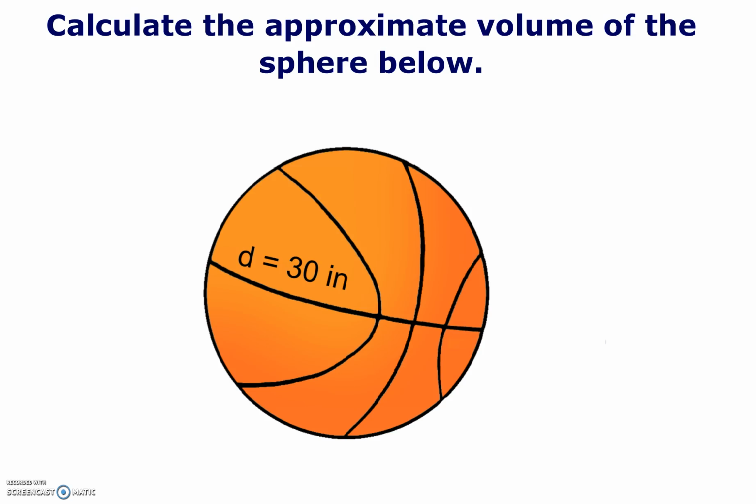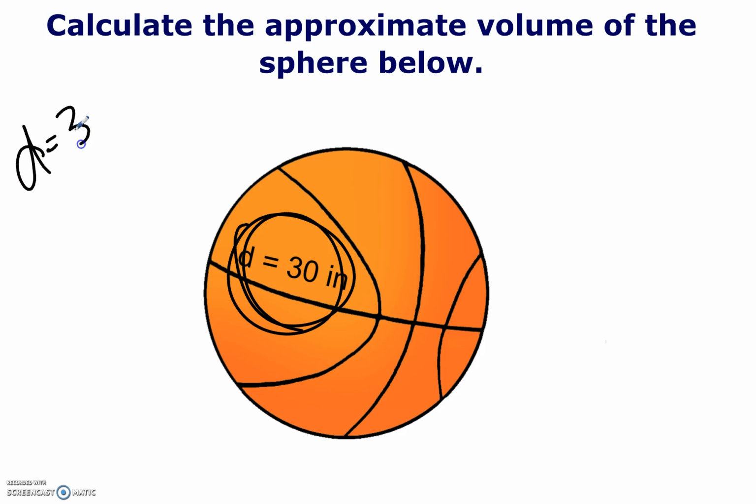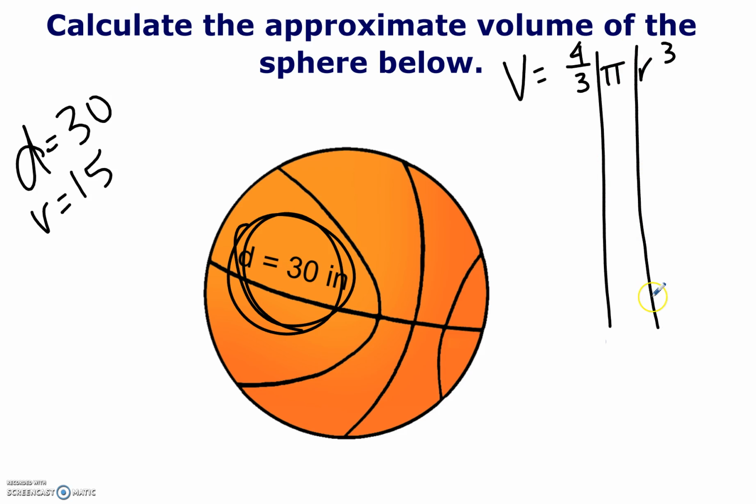Another example, calculate the approximate volume of the sphere below. Notice here, though, you have a diameter. So if your diameter is 30, your radius is going to be 15. Once you have that information, write your formula. Volume equals 4 divided by 3 pi r cubed. Draw your lines, and you're going to have 4 divided by 3 pi. And then your radius is 15 times 15 times 15.